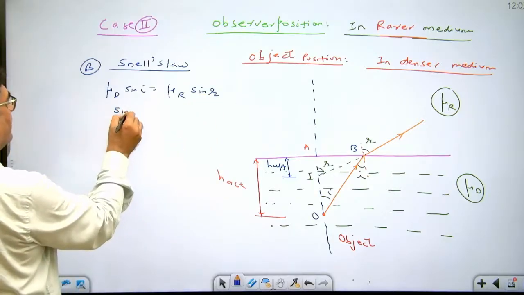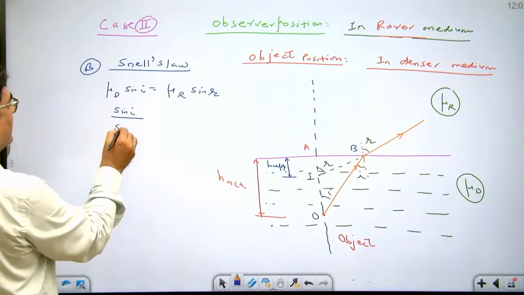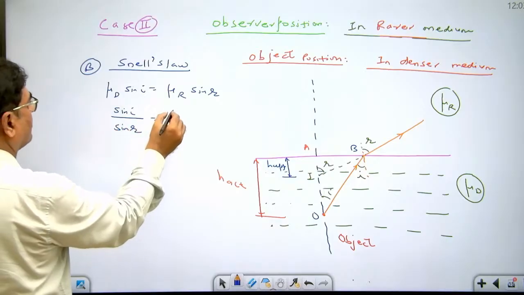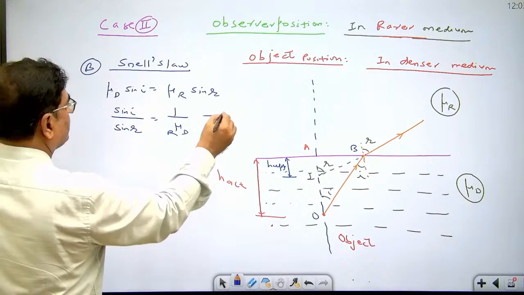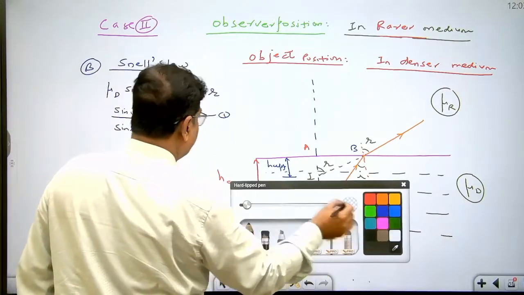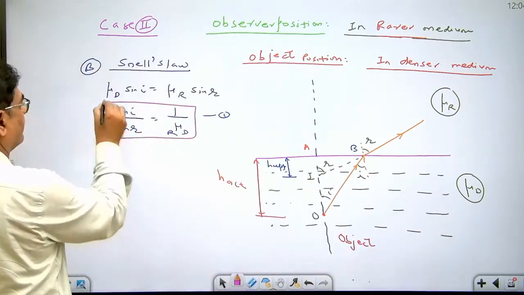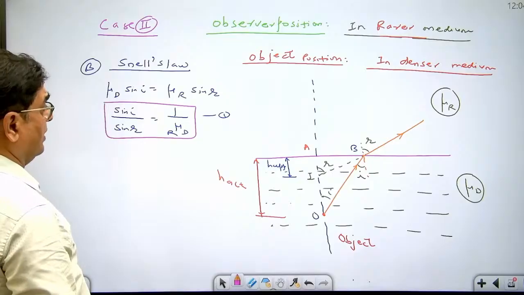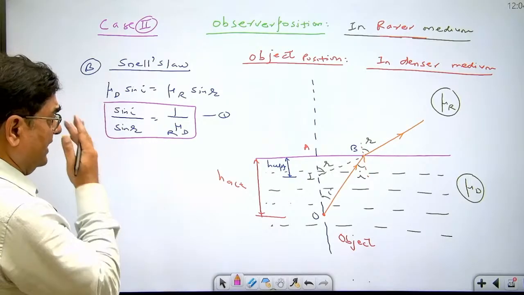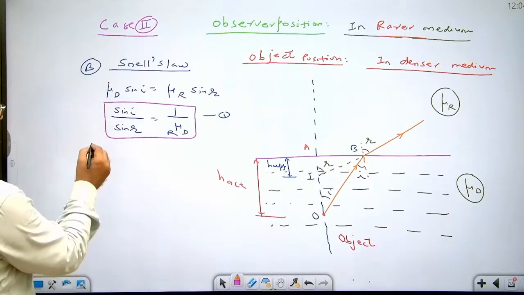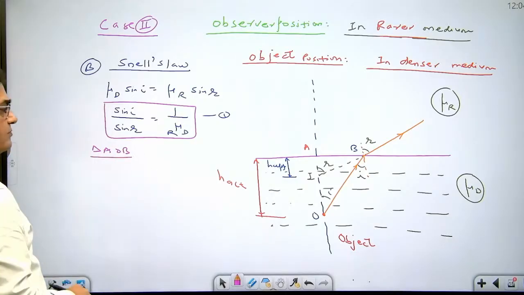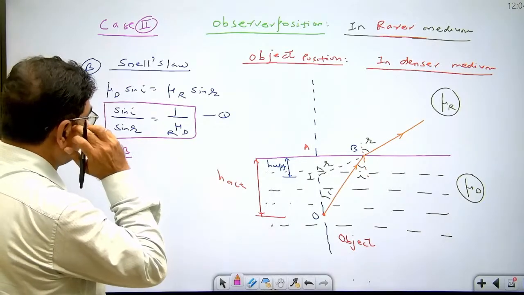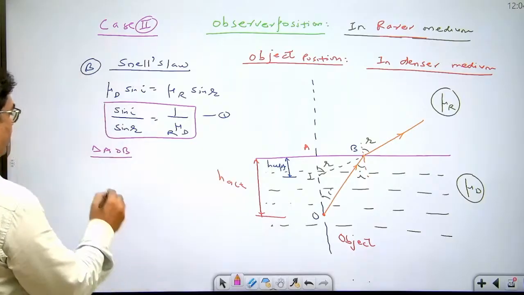So sin i upon sin r equals 1 upon mu dr. This is equation 1. Now let's see triangle AOB. When the angle of incidence is small, we are assuming sin i equals tan i.